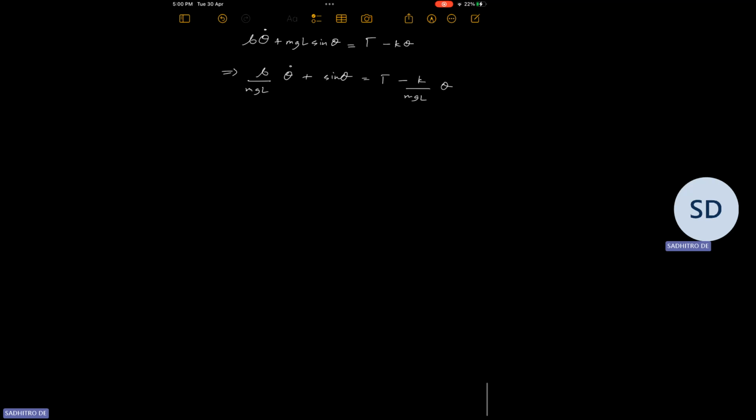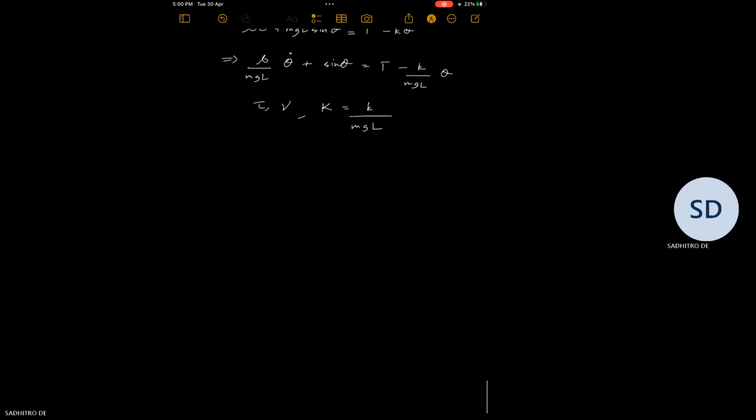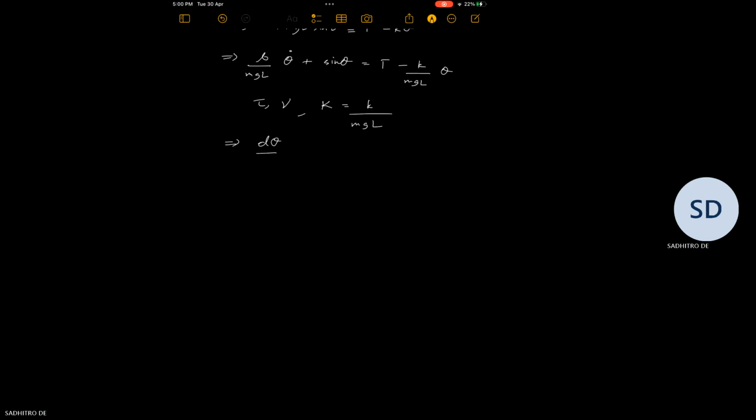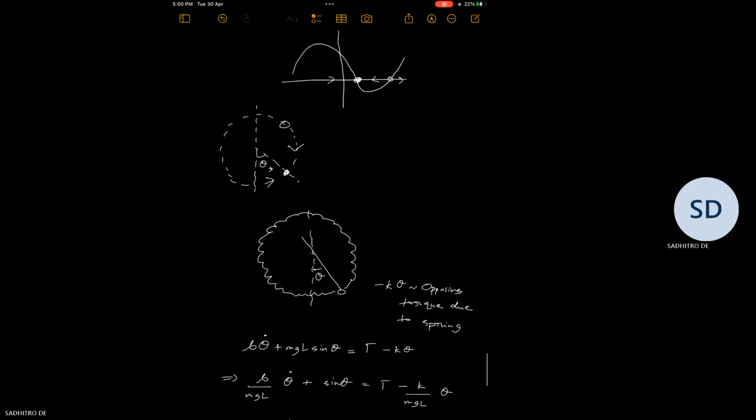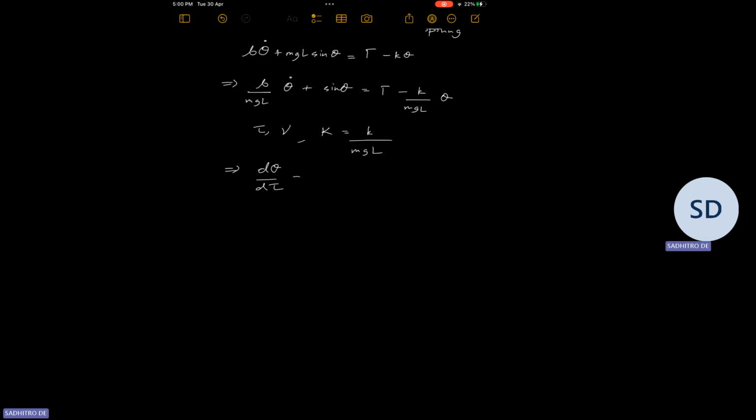So let us suppose that we define tau and gamma as earlier, and you define capital K as small k by mgl, then the equation becomes d theta by d tau is equal to gamma minus K theta minus sine theta.